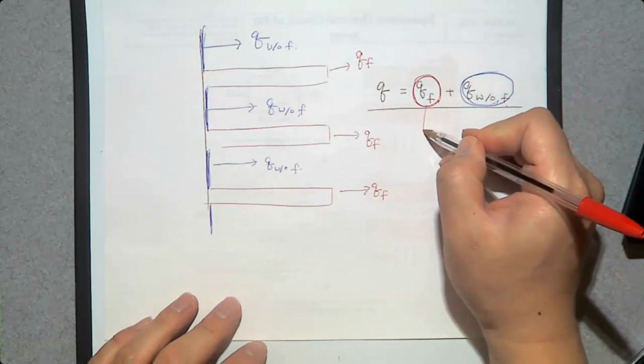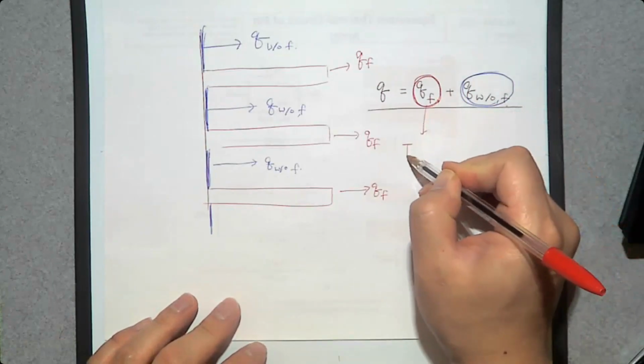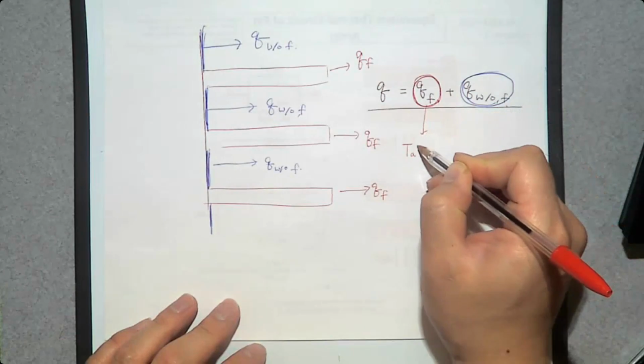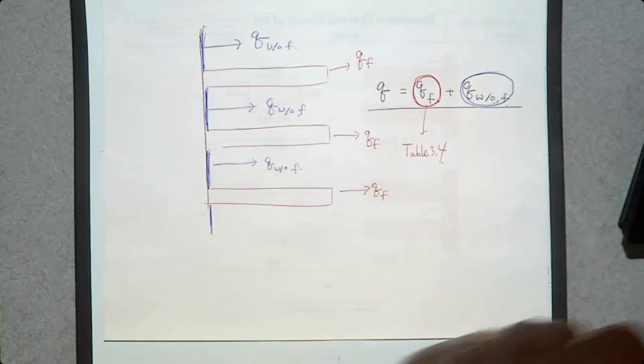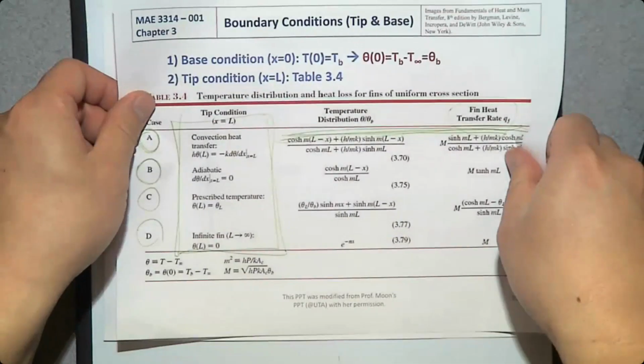Then how can we calculate this one? This one is from table 3.4, which is this table.